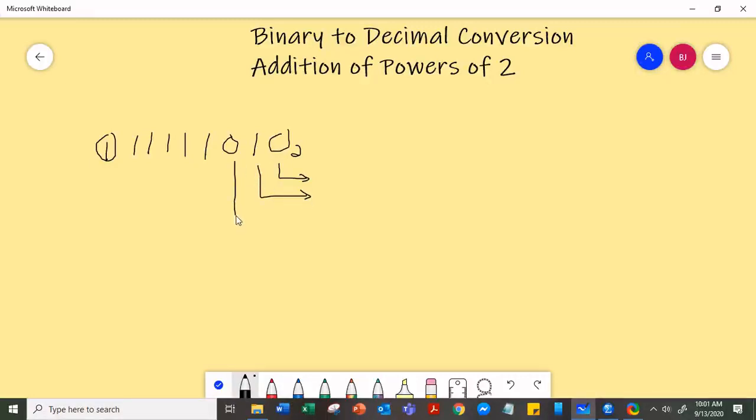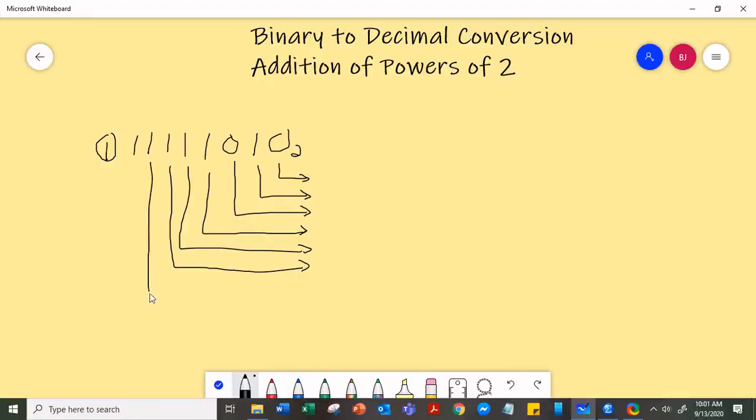Basically, what the place value method does, as we have done in our elementary years, is that every position in the number represents a value, hence the name place value. So for instance, we just write the numbers downwards.